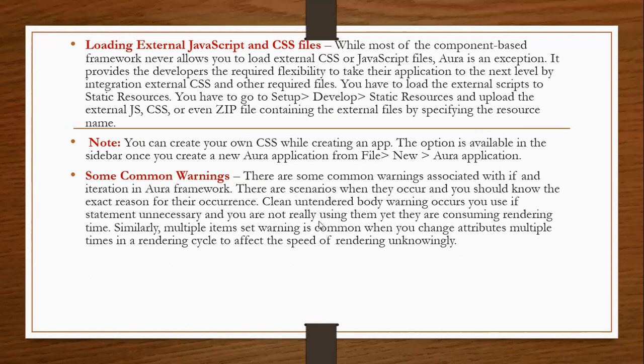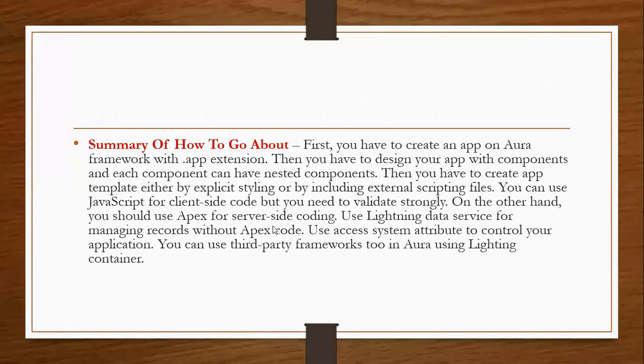The unnecessary body warning occurs when you use if statements unnecessarily and are not really using them, so they consume rendering time. Similarly, the multiple items set warning is common when you change an attribute multiple times in the rendering cycle, which affects the speed of rendering.